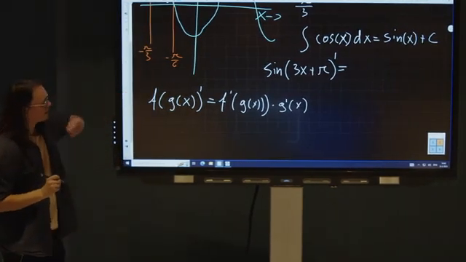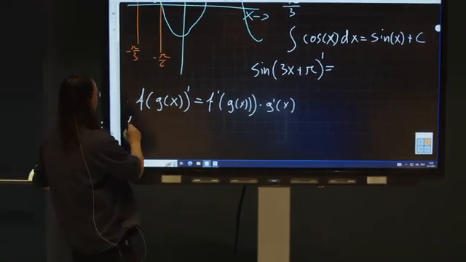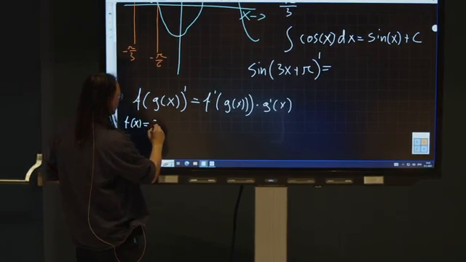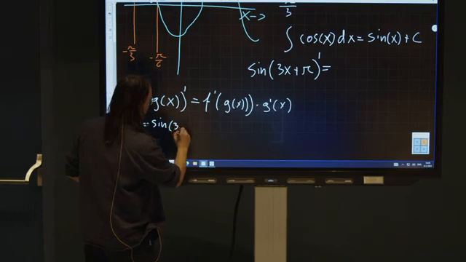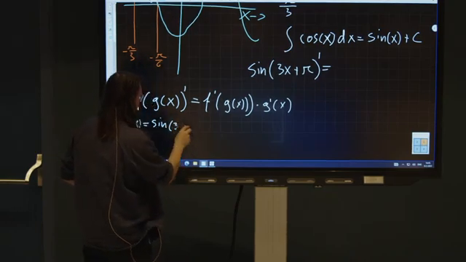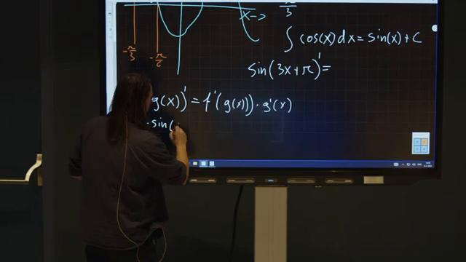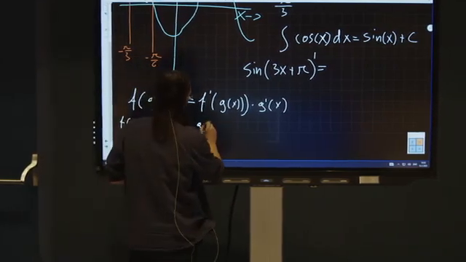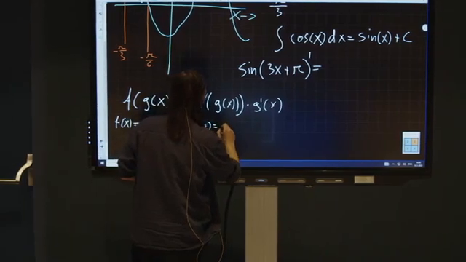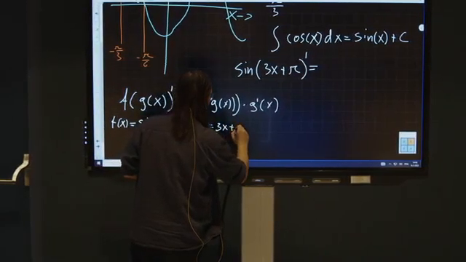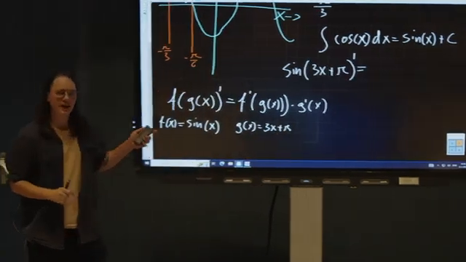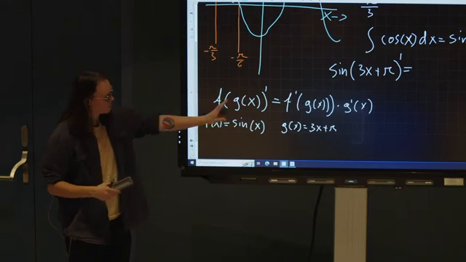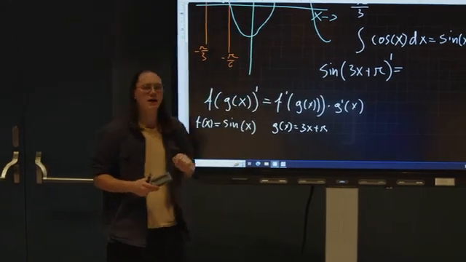So if we apply that here, our f is sine of x, and our g of x is 3x plus pi, right? Because then indeed, f composed with g would give us exactly this sine of 3x plus pi.